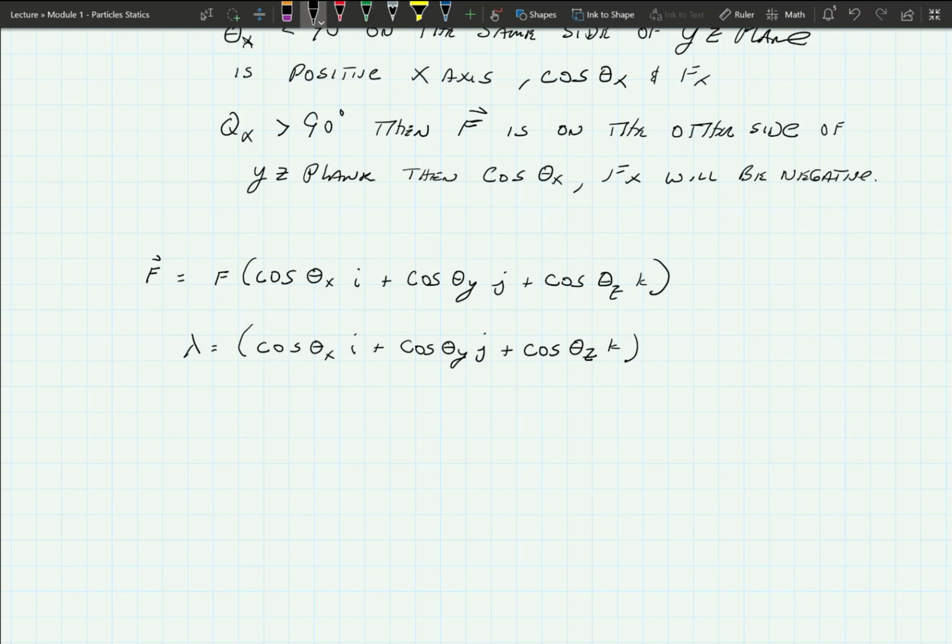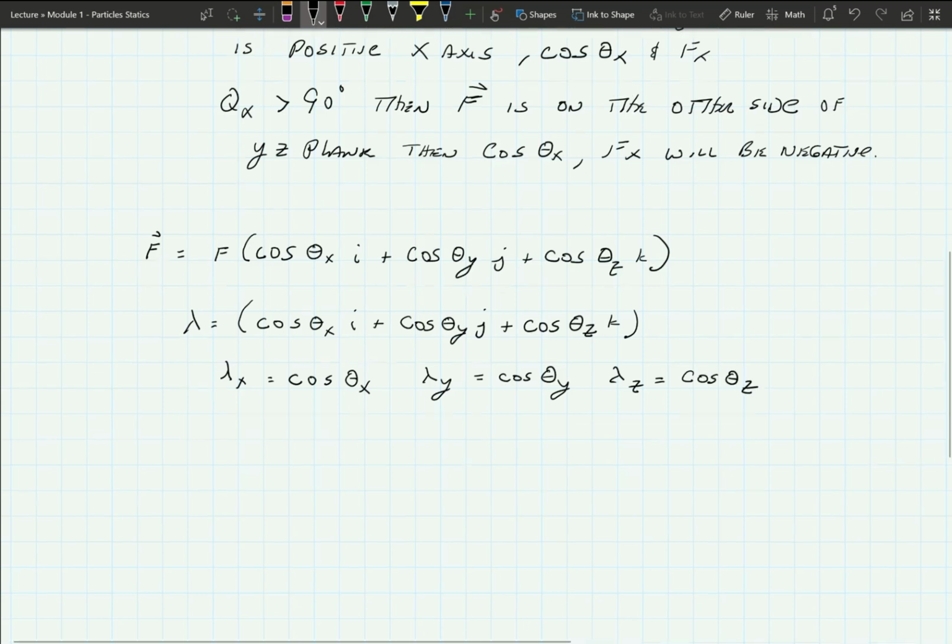So we can basically do this as this. Lambda x is equal to cosine theta x. Lambda y is equal to cosine theta y. And lambda z is equal to cosine theta z.